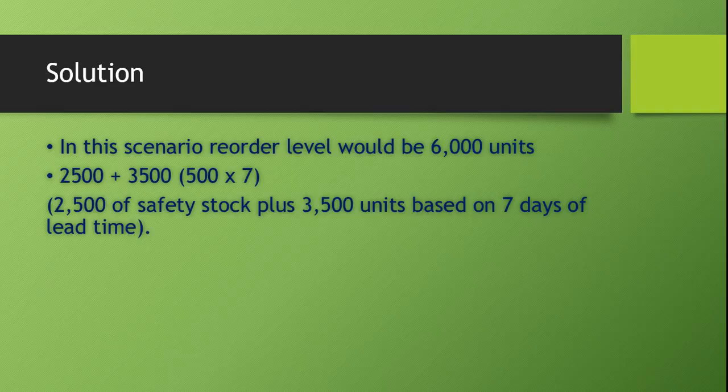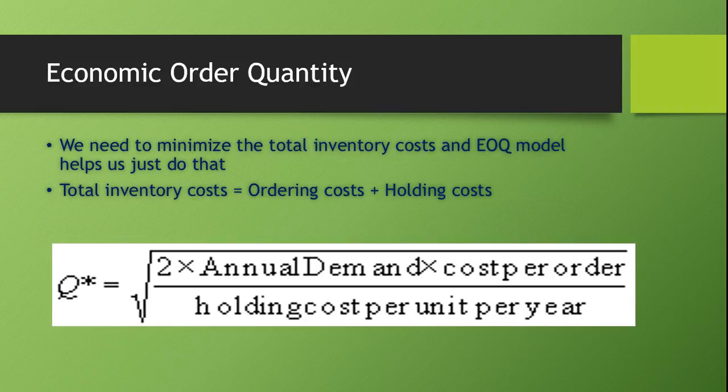This was already calculated, 3500, and now you add 5 days stock, that means 2500. So the total reorder level, the total stock where you should go for a fresh order, is 6000 units.